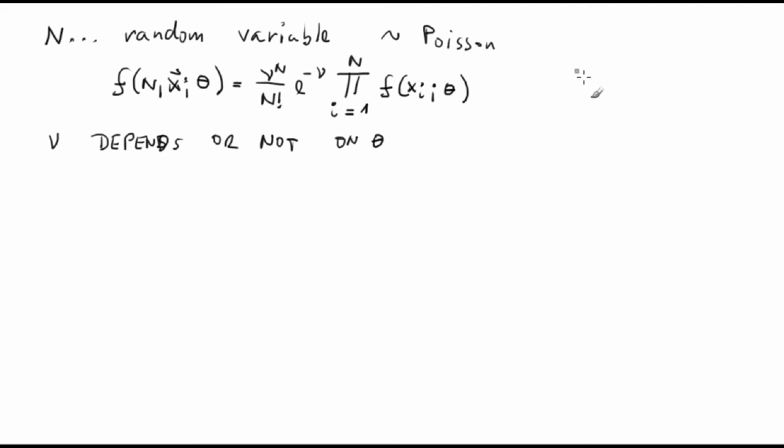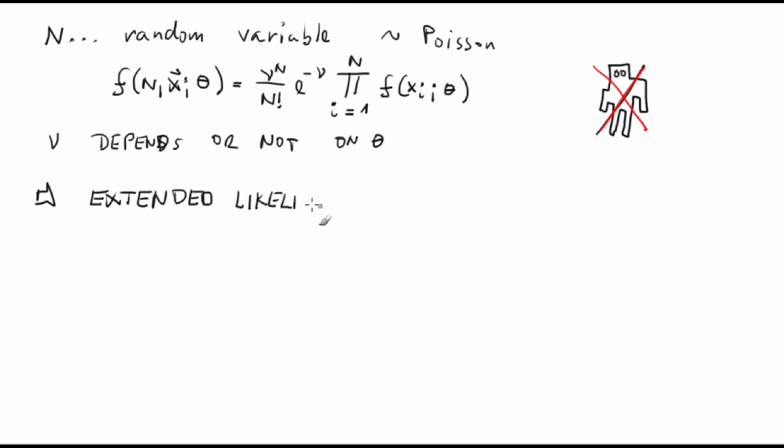In the present case, it will probably be a function of theta because there should be a relation between the number of kicks one can deliver and their speed. People aren't robots. When this probability density function is used in the maximum likelihood method, then we refer to it as the extended maximum likelihood fit.